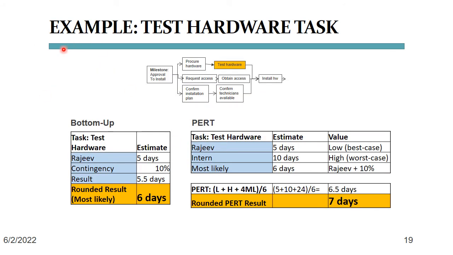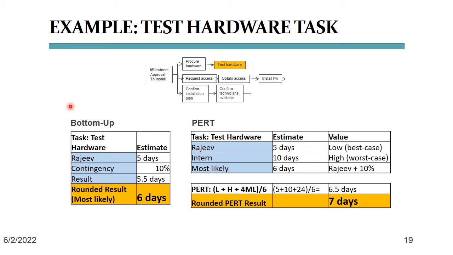By now, we've established that bottom-up and Pert are the two most frequently used estimation methods. So let's run through an example. Remember the network diagram from earlier with the test hardware task? If we were going to do a bottom-up estimate for the task, we would ask Rajiv, "Hey Rajiv, how long will it take you to write and execute generic hardware test scripts for a few Windows and a few Linux machines?"